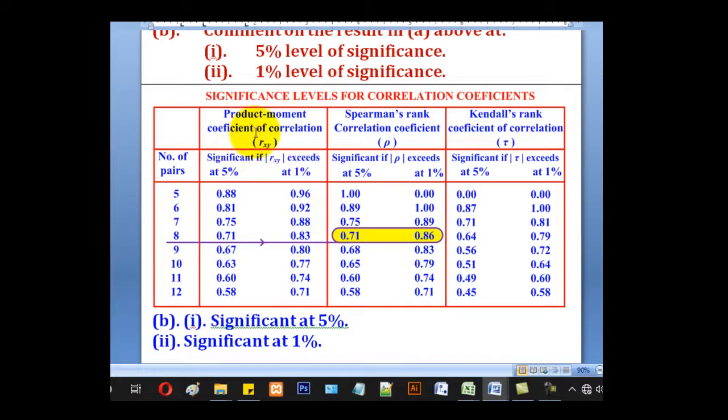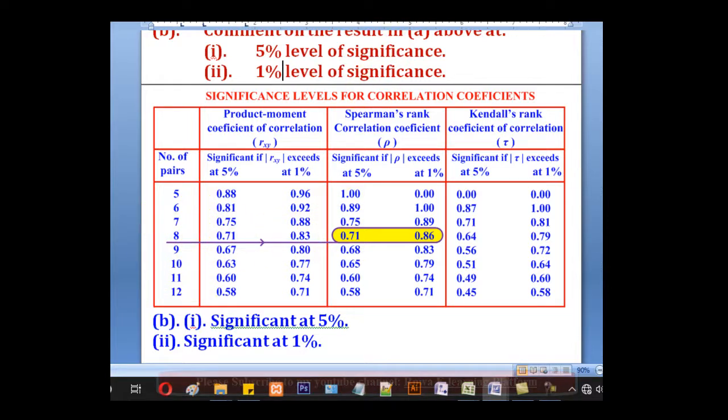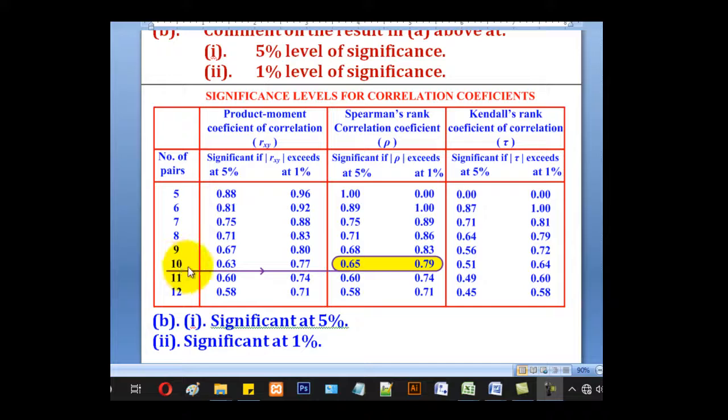It involves 4 columns: number of pairs, product moment coefficient of correlation, Spearman's correlation coefficient, and Kendall's rank coefficient of correlation. In our case, we are interested in Spearman's rank correlation coefficient and the number of pairs. The number of pairs is 10, so under the column of number of pairs, we look for 10.